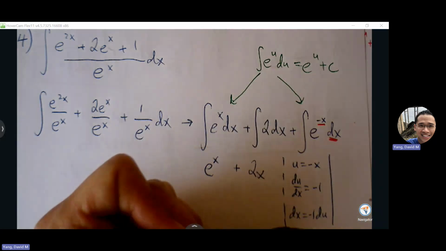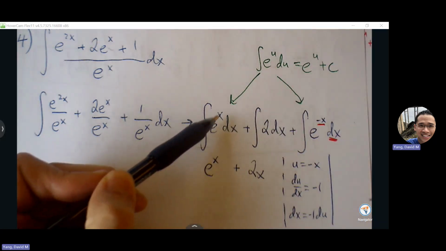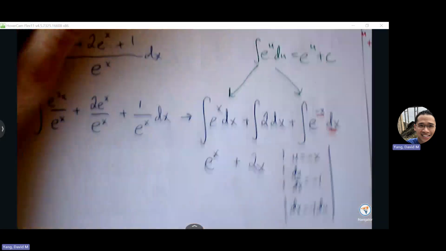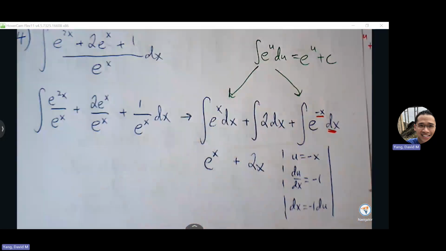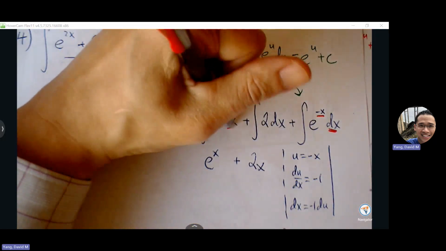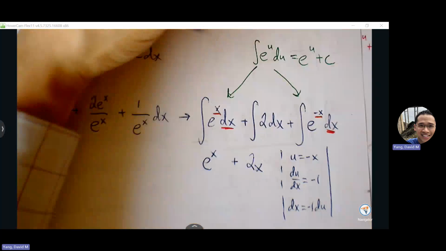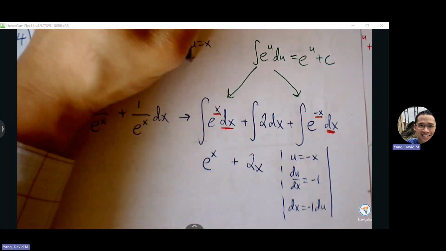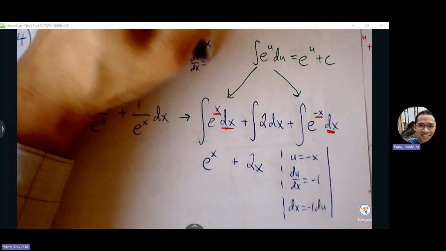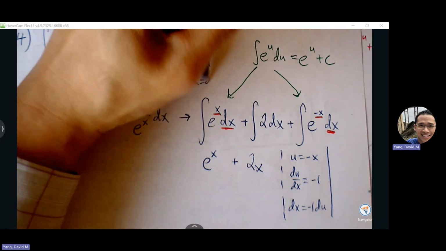How come it wasn't positive x instead? Over here? We could have. You're right, we could have done u substitution, but I'll show you what happens. My u value is x. My du over dx is 1. dx equals du.